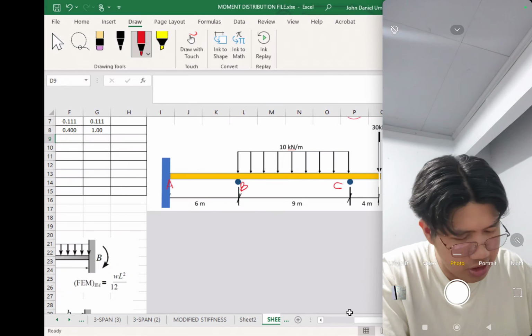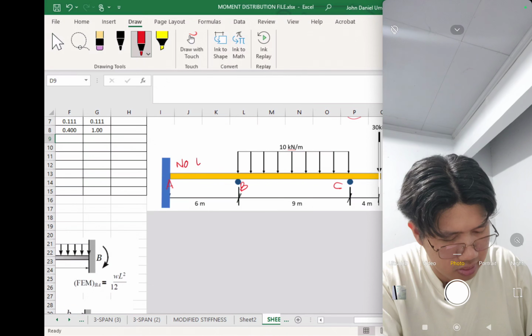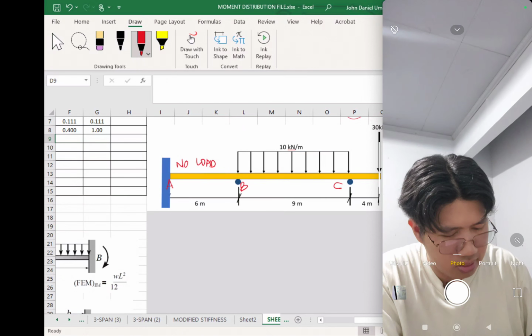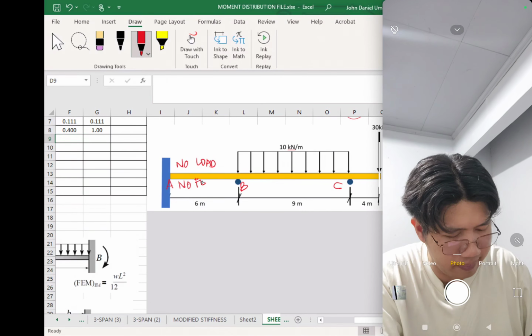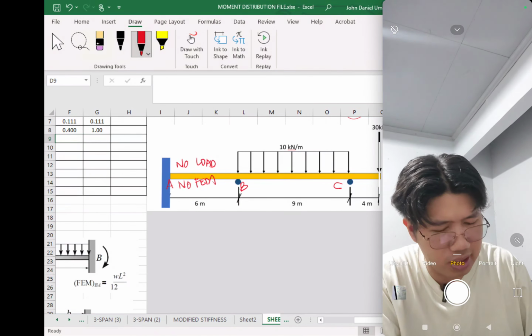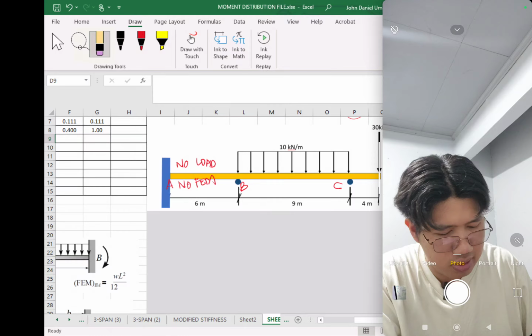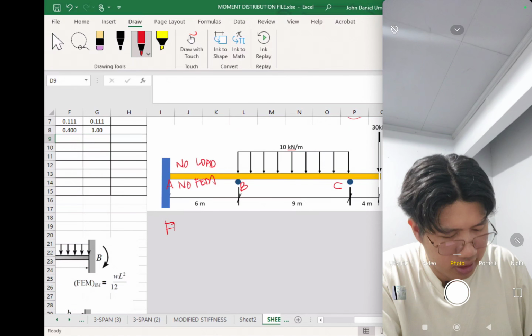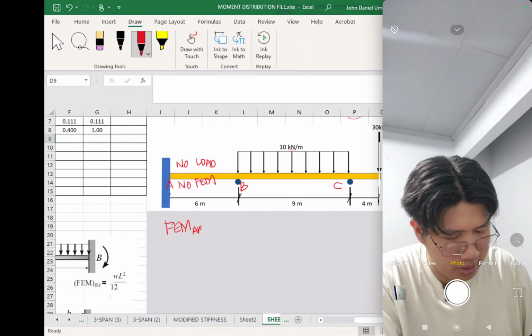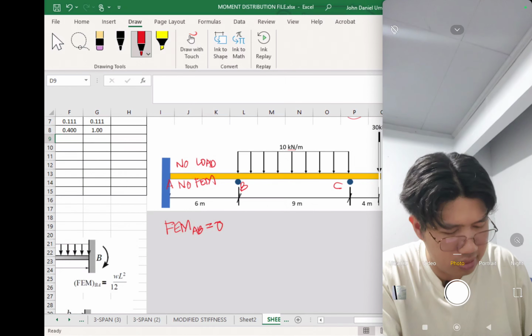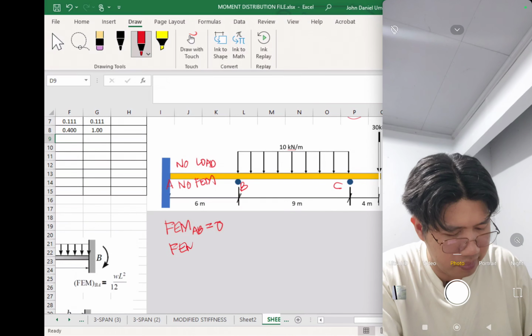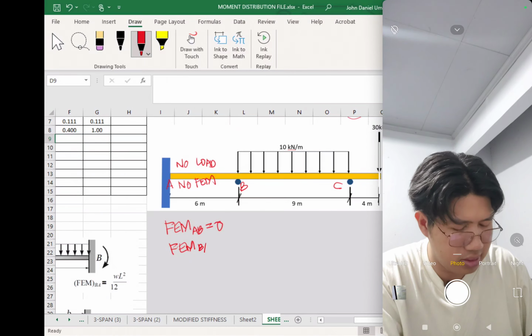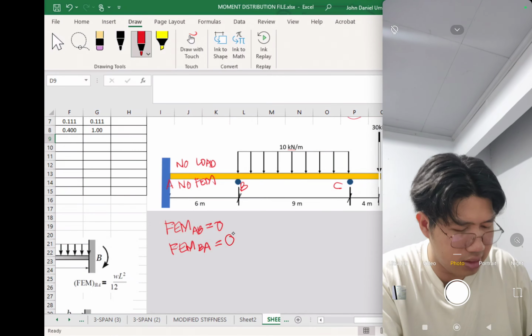Okay, so in the first span, no load. That means no FEM because there is no load placed. So FEM AB is 0 and FEM BA is 0 automatically since no load.